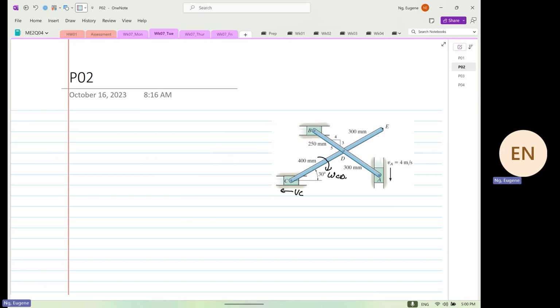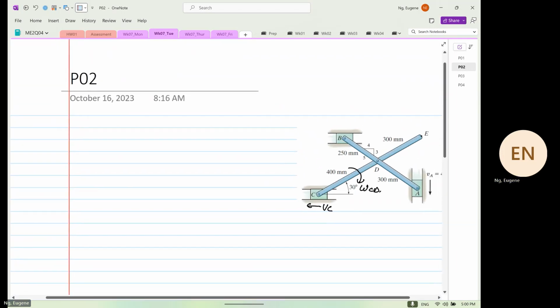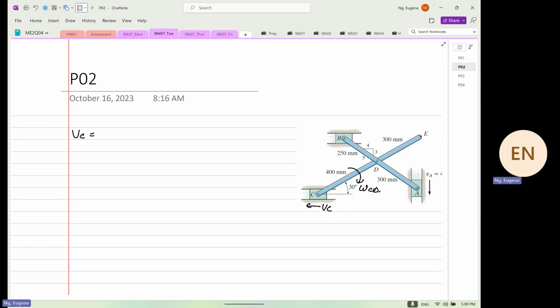So the last equation that we can form is VC is equal to VD plus omega CD cross RC from point D. Okay. Because the slider at C can only move in the X direction, so we know that this is minus VC I.